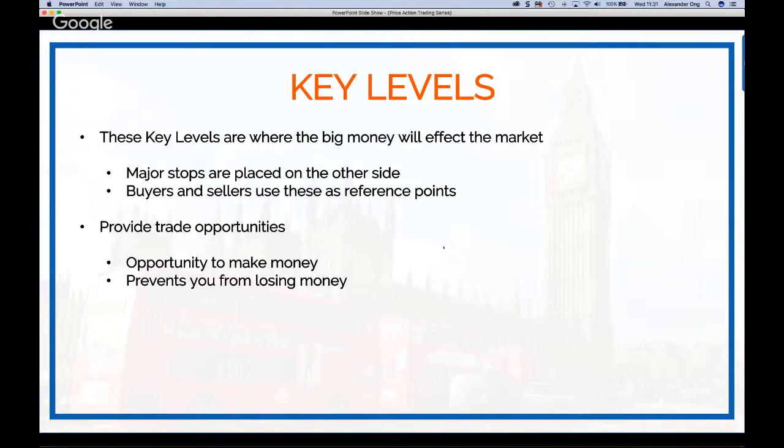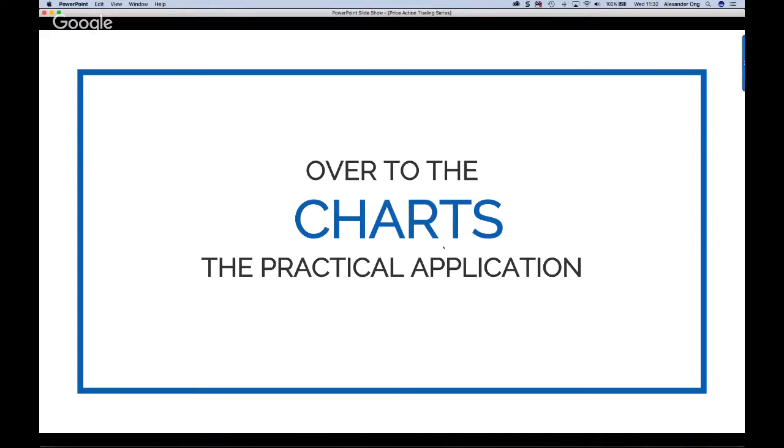Buyers and sellers use these as reference points. And because we know all of this, it provides us opportunities. Opportunities to make money, opportunities to get involved in the market, and opportunities to not lose any money. Hopefully you're all starting to see how important these are.